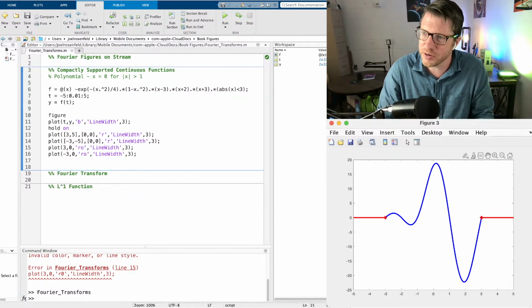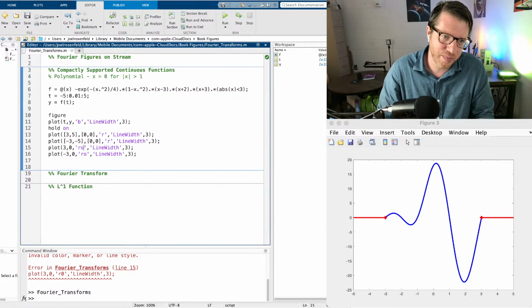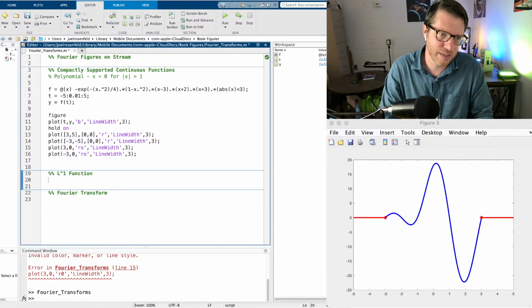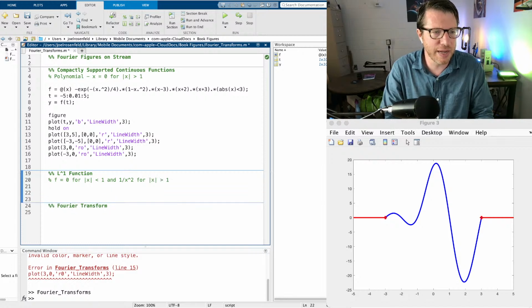Okay. I don't know if that's really convincing or not, but that's what we got. We can come up with an L1 function. And let's see. So we're going to have this being f is equal to 0 for absolute value of x less than 1, and 1 over x squared for absolute value of x bigger than 1. Right, so it's going to be f is equal to at x.